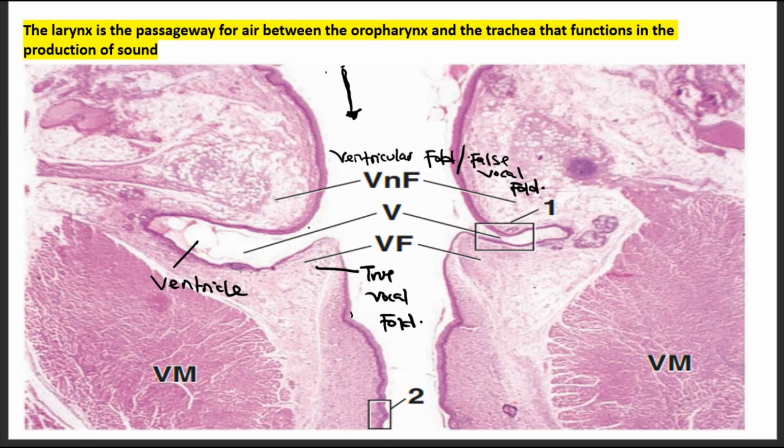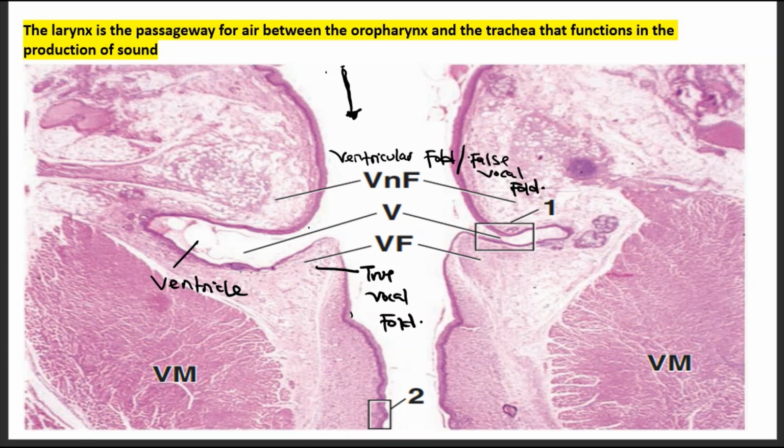This will now enter the ventricle. In the ventricle, it changes and becomes simple columnar epithelium. This simple columnar epithelium will cover the vocal folds. When it comes out of the ventricle and covers the true vocal folds, it changes back to non-keratinized stratified squamous epithelium.